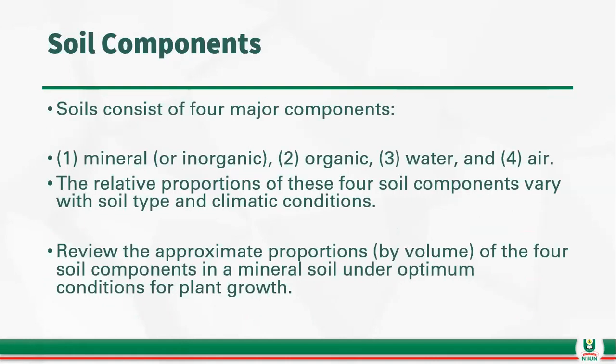So when we talk about soil components, we say that soil consists of four major components, as I stated earlier, and they include minerals. We say that minerals can be inorganic or organic.